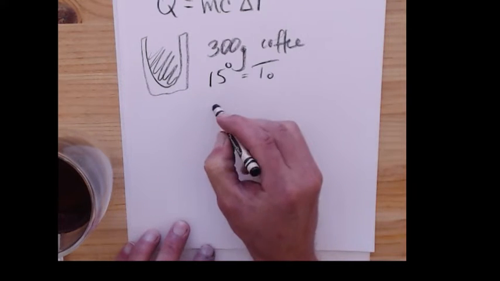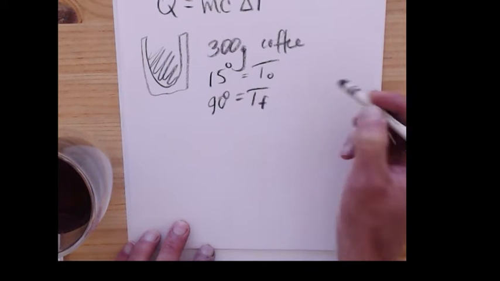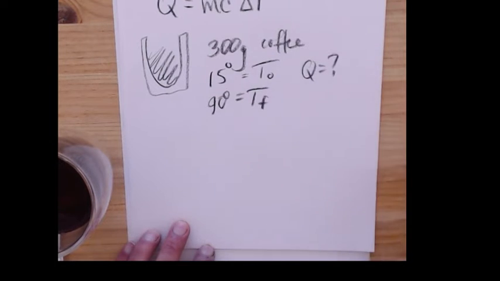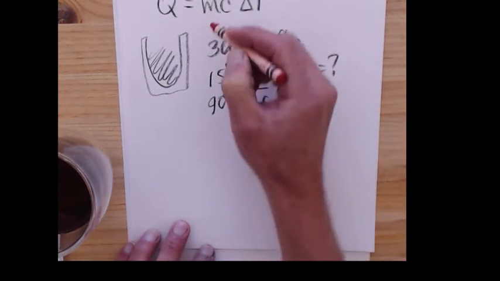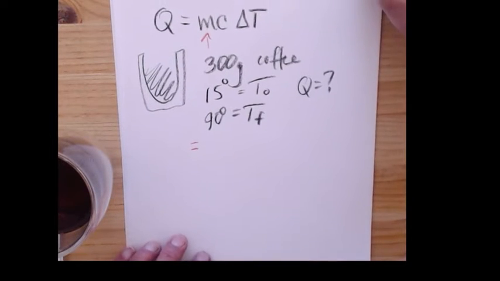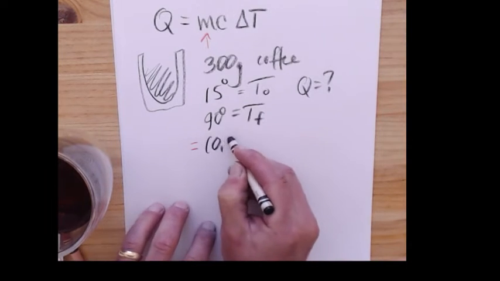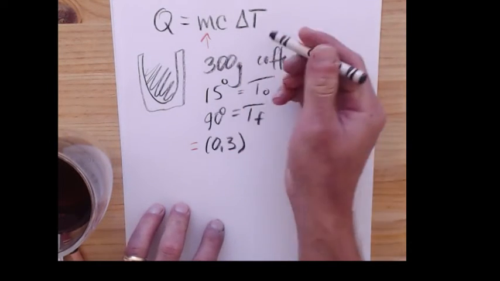I want to heat it up to 90 degrees because it's cold. How much heat do I need to move into it? Well, here's my mass. I have 300 grams. That needs to be 0.3 kilograms.